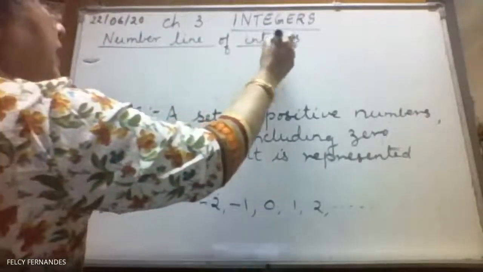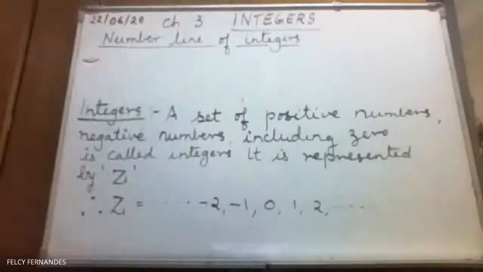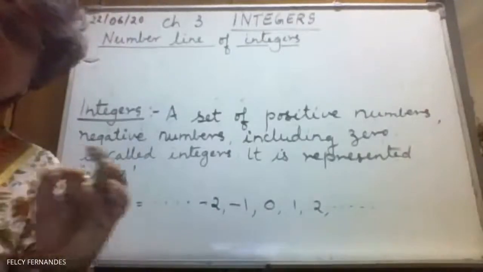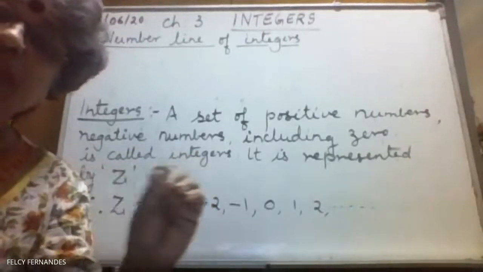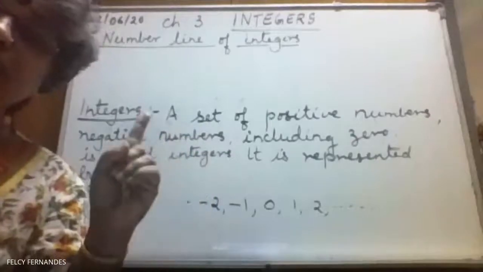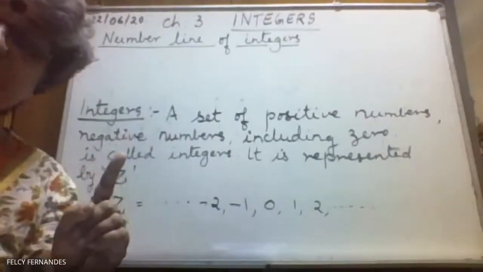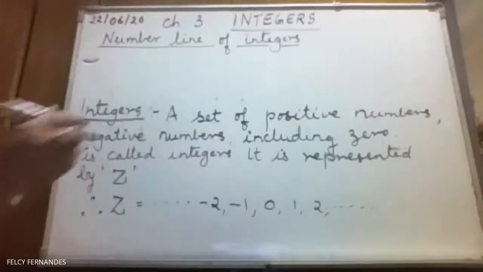Side heading, number line of integers. Now you need to take a scale and a pencil, children. Don't just use the pen and a freehand drawing. No, it should be neat. So take a pencil and a scale and then draw a line.